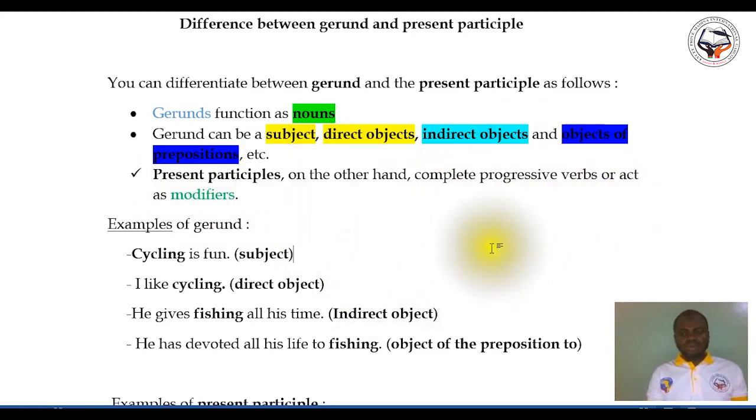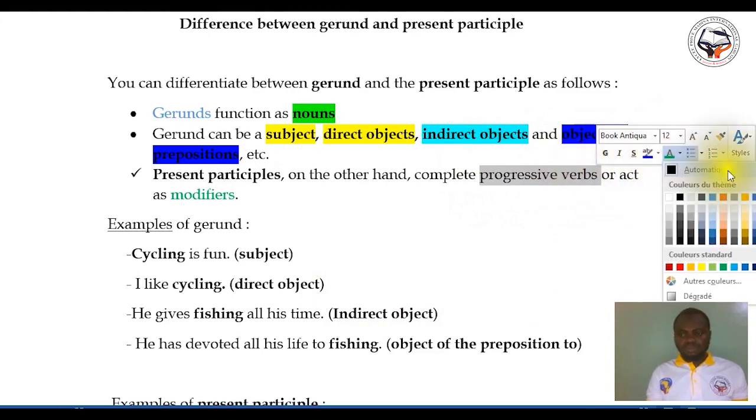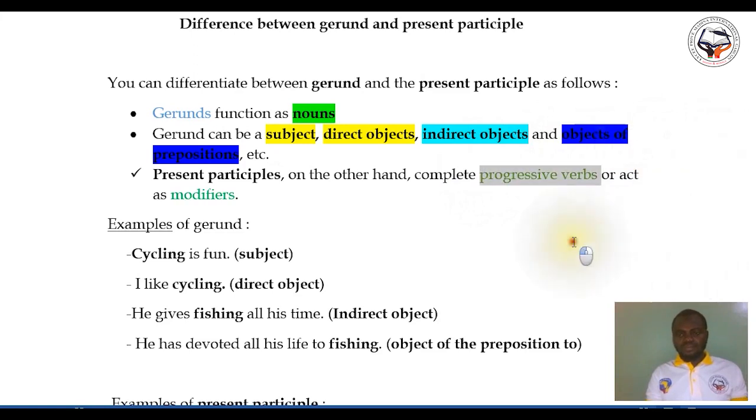So we are going to see the details. Progressive verb, let me put progressive verb in color 2. So the present participles, on the other hand, complete progressive verbs or act as modifiers.